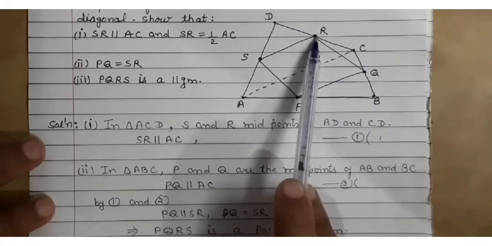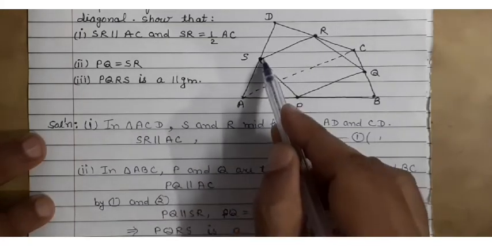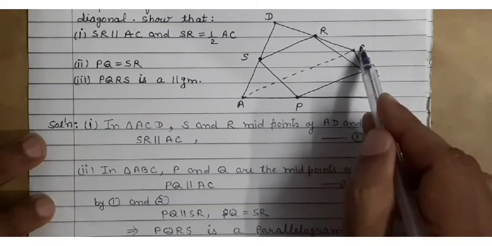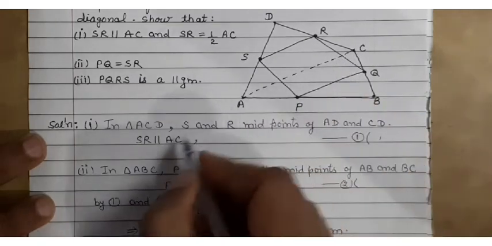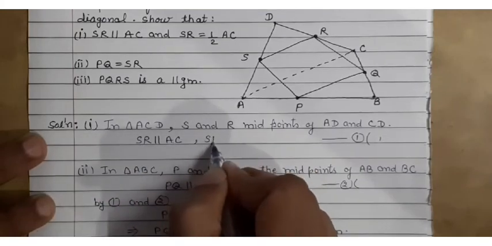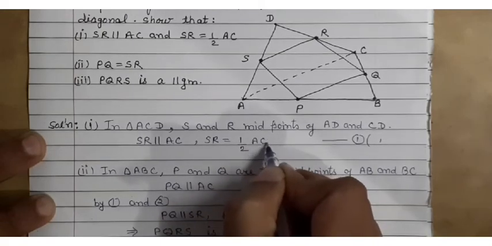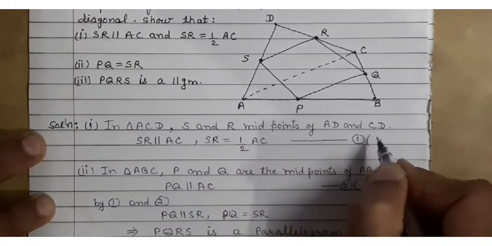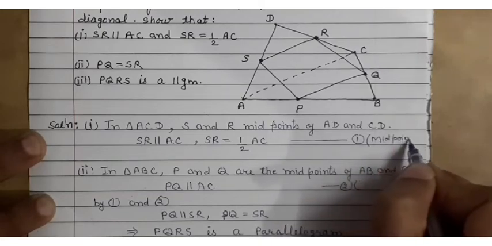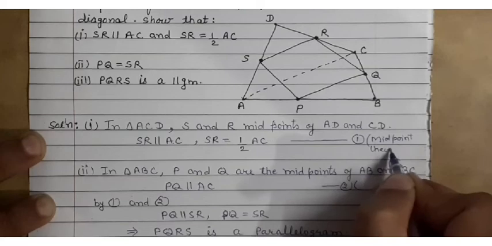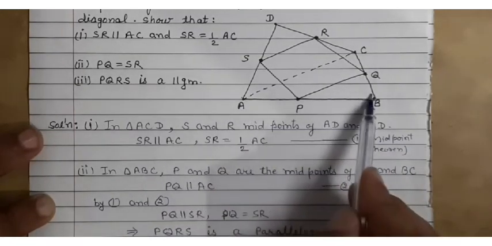Then by the midpoint theorem, SR is parallel to AC and SR is equal to half of AC. This is your first, by the midpoint theorem.